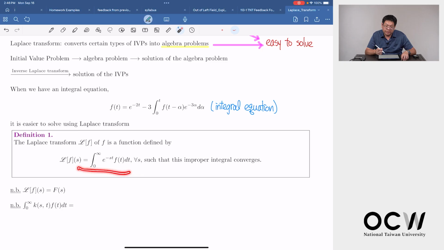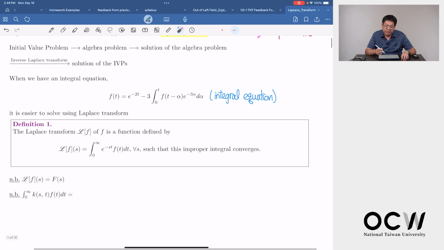And this integration will be convergent. And we normally write the Laplace transform as capital F of s.